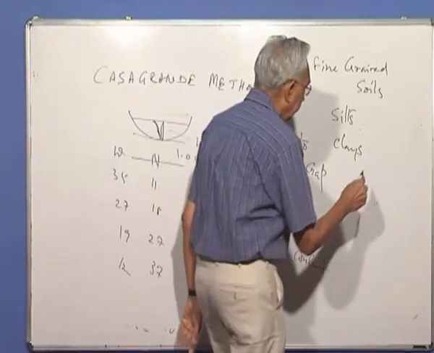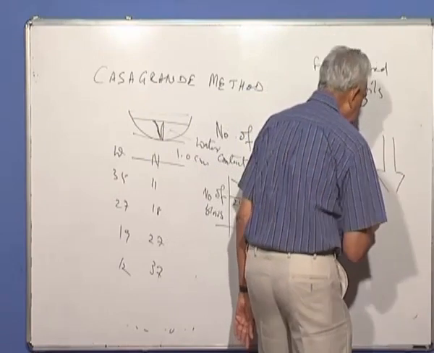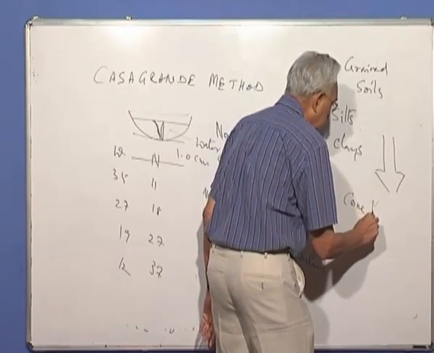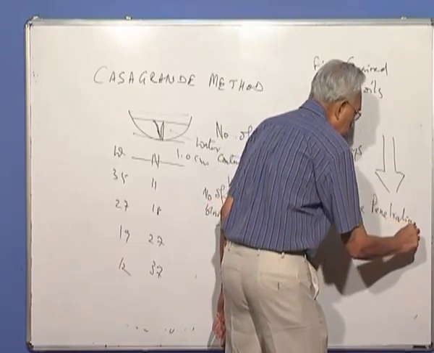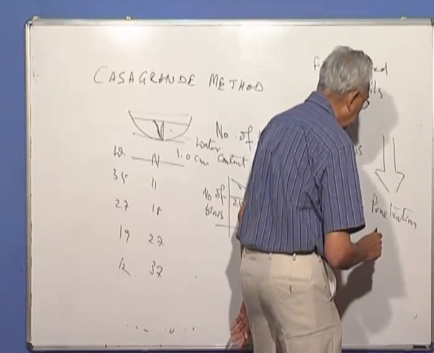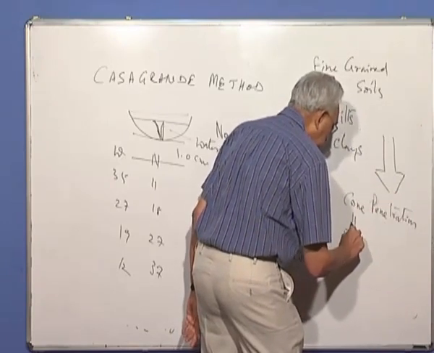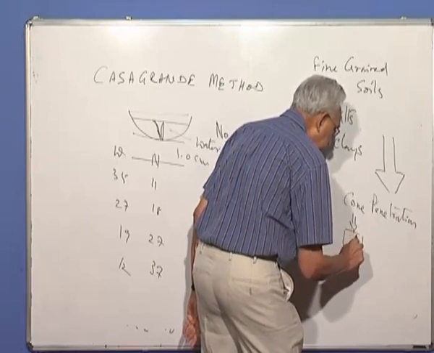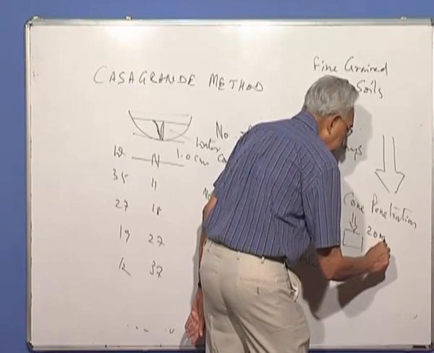Another technique developed was cone penetration, wherein we put a cone on a small cup and we look at how much water content you have for 20 millimeter penetration.